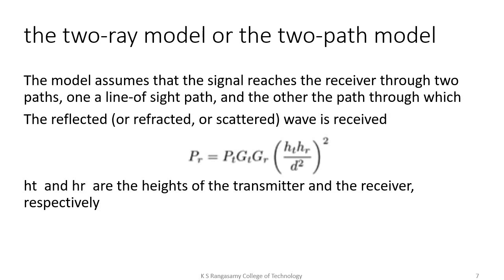The additional terms are HT, the transmitter height, and HR, the receiver height, respectively, where d is the distance between the transmitter and the receiver. This is the two-ray model, or the two-path model.